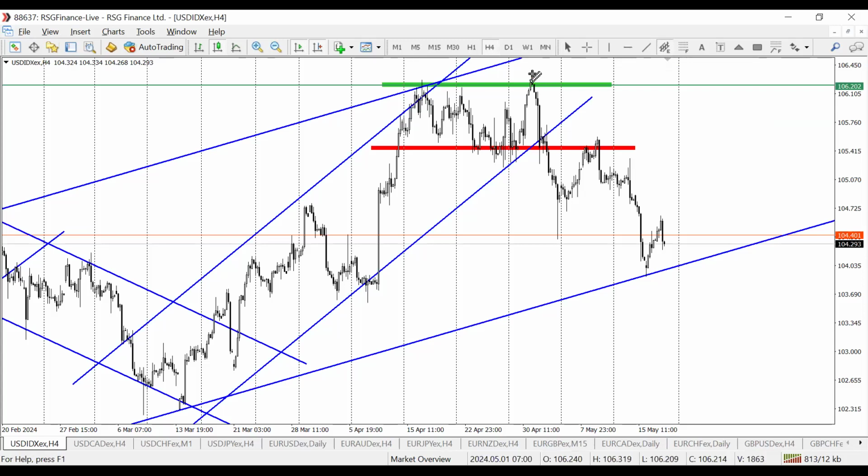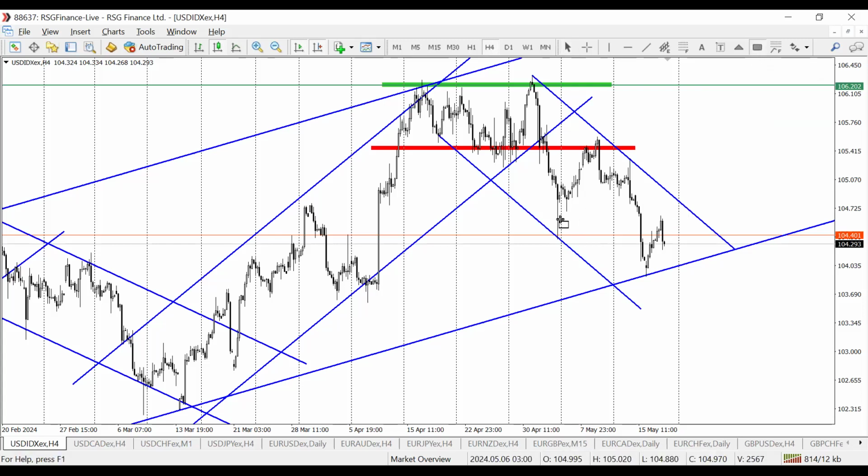So what I would like to see to confirm that it's time to go long again on dollar is to see a breakout from this channel. So if price breaks out from this channel, then this will be a fantastic time to look for new bullish opportunities on the dollar.